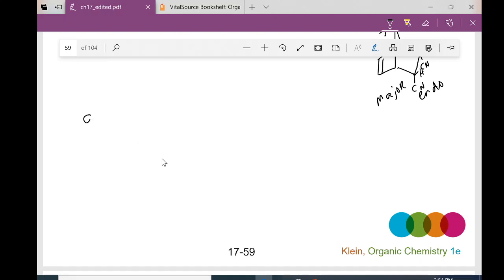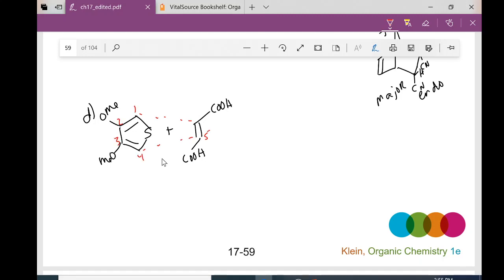This is D from that problem set. Okay, so again, 1, 2, 3, 4, 5, and 6.